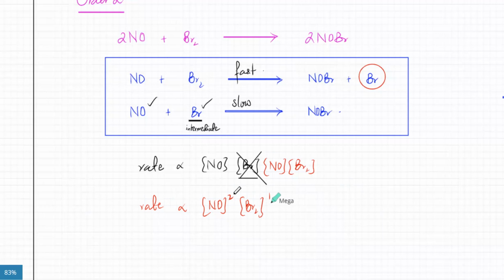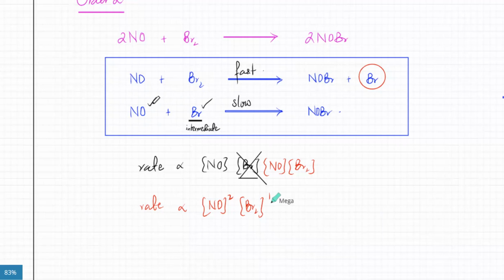What it indicates is this: remember the slow step. If I increase the concentration of NO, then because of the higher concentration of NO, the reaction would speed up, right? But the concentration of Br would also increase. So not only would NO increase, but Br would also increase.